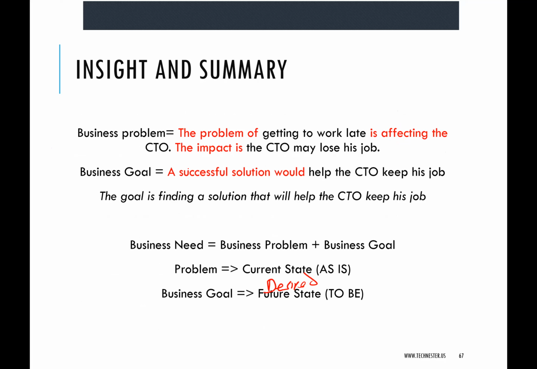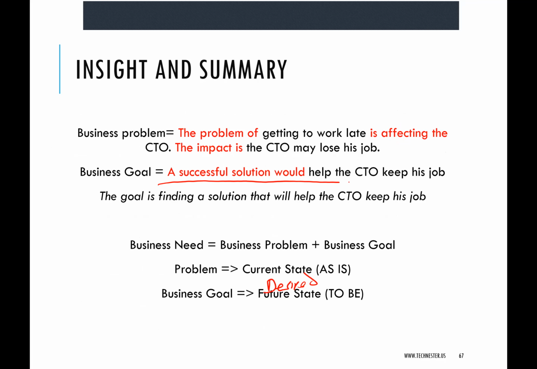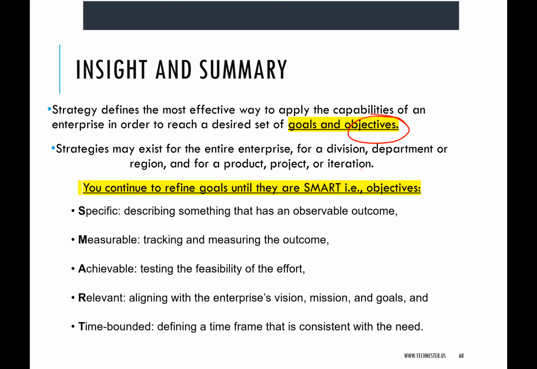What does that mean? How would we know when the solution is successful? So a business analyst will now take this statement and start asking questions of those C-suite executives. How would we know when the solution is successful? What will a successful solution look like?